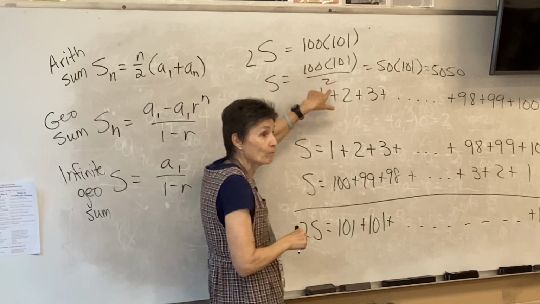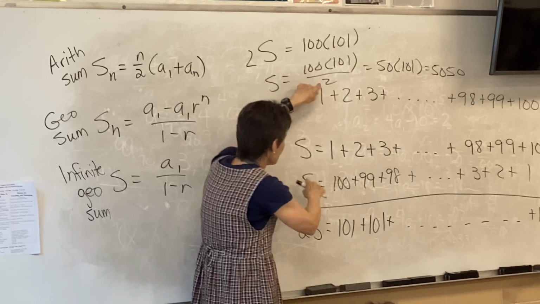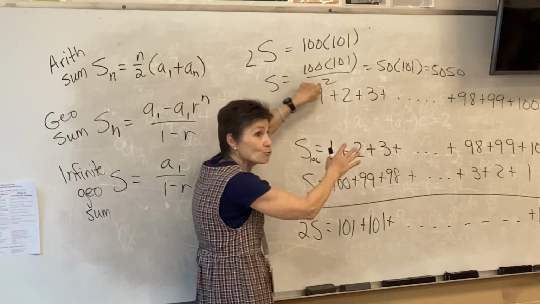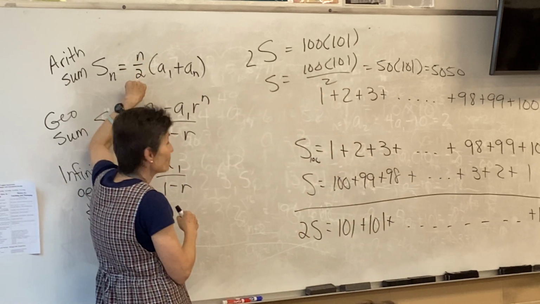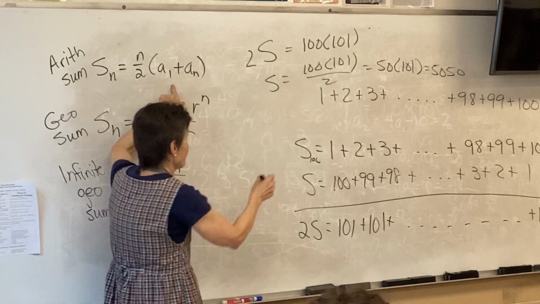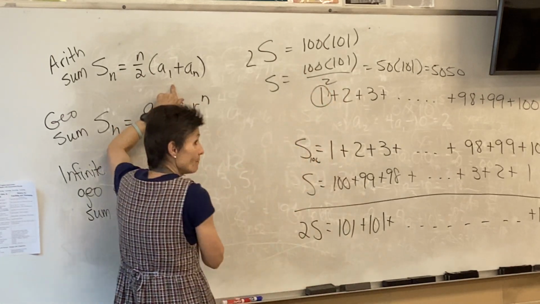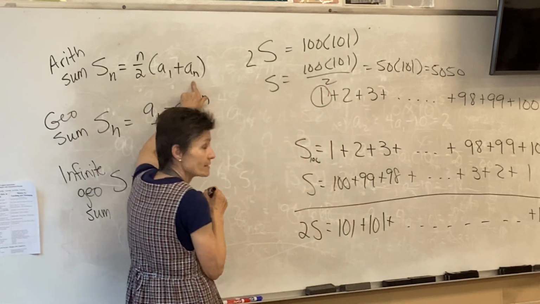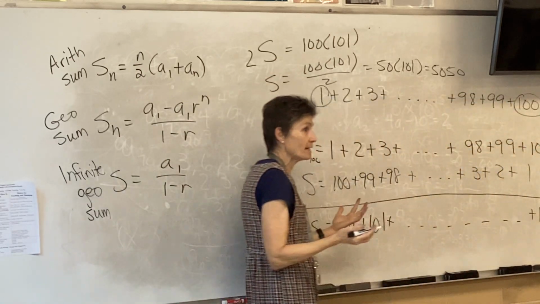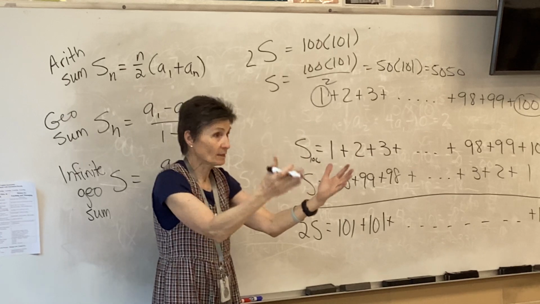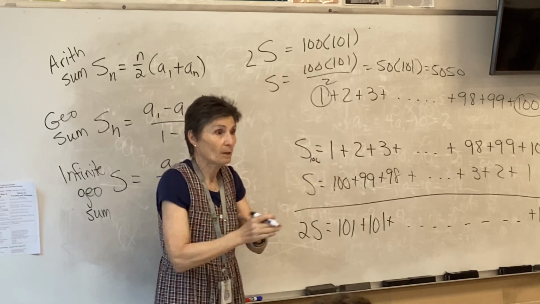He did 100 over 2. n was how many he was adding up. Isn't he adding up 100 numbers? So he took 100 over 2. What's a sub 1 stand for? First term. What's a sub 100 stand for? Last term. Isn't that what he did? Added the first and the last and multiplied by n over 2.